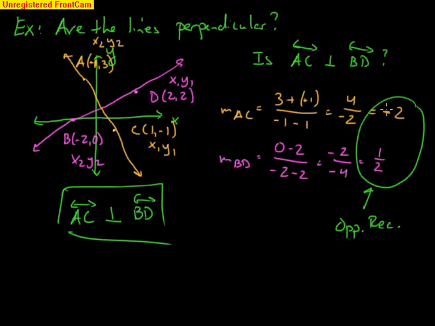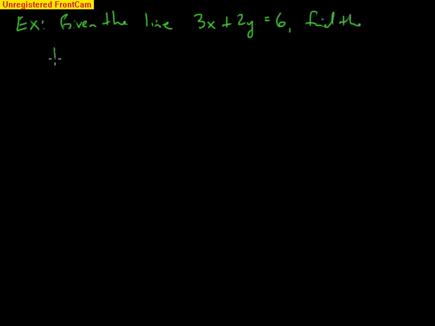Alright, and now let's do one more example together. Okay, so here's the last example I have for you folks. So given the line, and we'll use the same line as before, 3x plus 2y equals 6, find the line perpendicular through 4, -1.